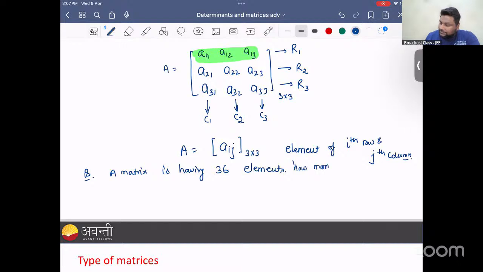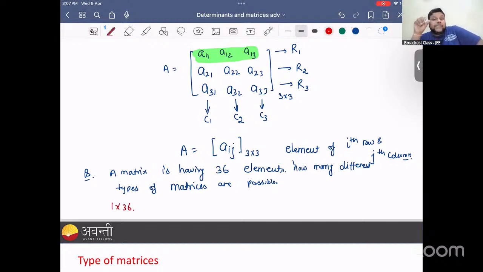How many different types of matrices are possible? Types means what they are trying to discuss is how many different orders of matrices are possible. Like one is, if I say 1 into 36. Yes or no? No, Pujita, not correct. 1 into 36 means a matrix having one row and 36 columns.